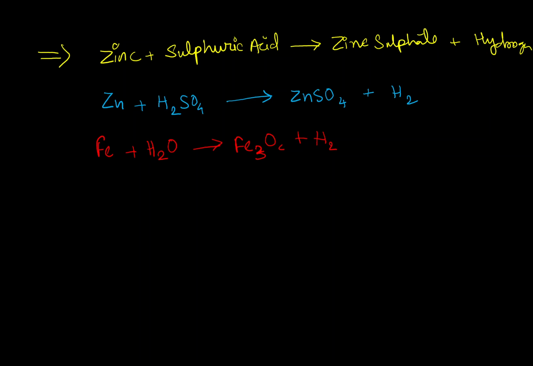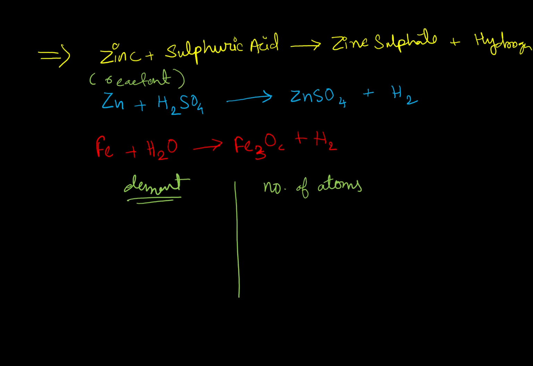So the table is going to be, we have to write the element in the beginning, and then we write number of atoms in reactant. So again I want to tell one more thing which I forgot. This is the reactant side and this is the product side.